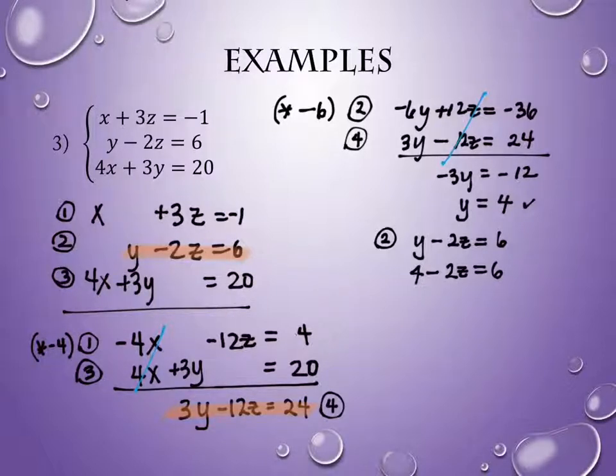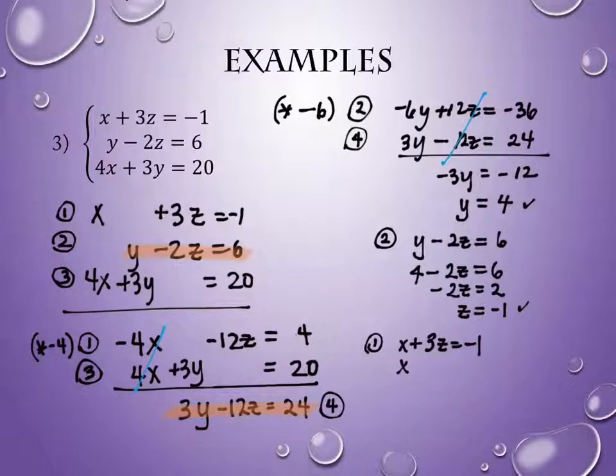So if I subtract my 4 to the other side, I end up with negative 2z equals 2. So z is negative 1. I have a z value, I have a y value, so the only thing left is x. Which of the three equations? The first one would probably be the nicest. All right, so equation number 1 has x plus 3z equals negative 1.